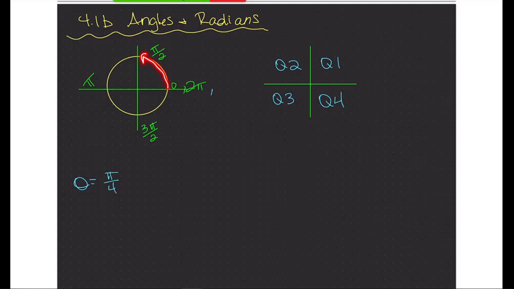Is a quarter less than half, or is it more than half? It's less, right? So then I know that if I have pi over 4, it has to be in quadrant 1. So this is telling me that I'm going to be in quadrant 1, and then I'm going to figure out that angle.